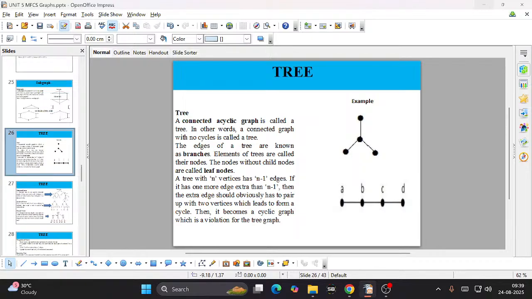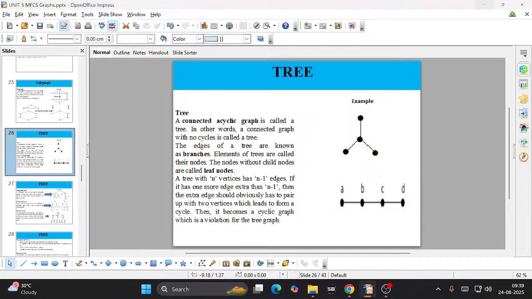Put down the side heading trees. Yes, now stop talking. Put down the side heading as trees. What do you mean by a tree? Yes, it is a connected acyclic graph without any cycles. Right? Write down.